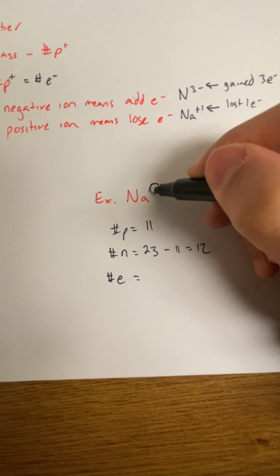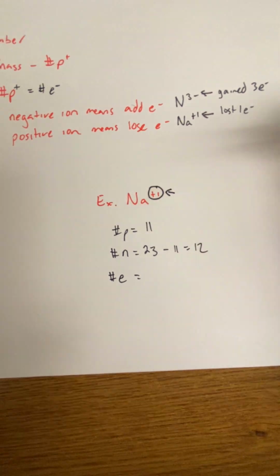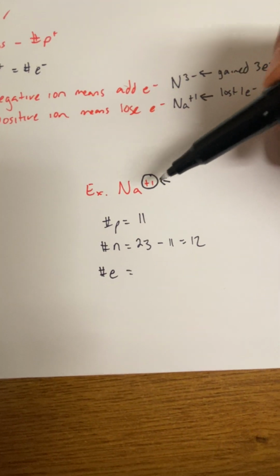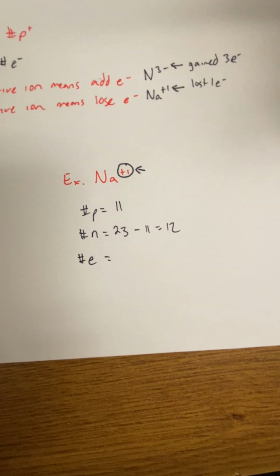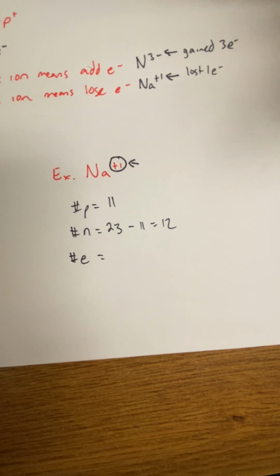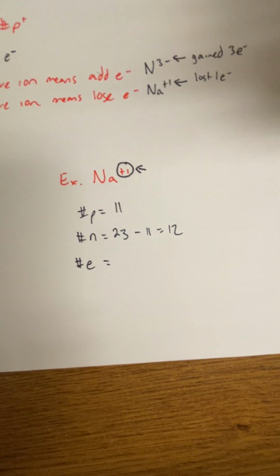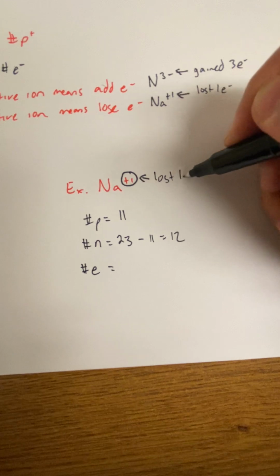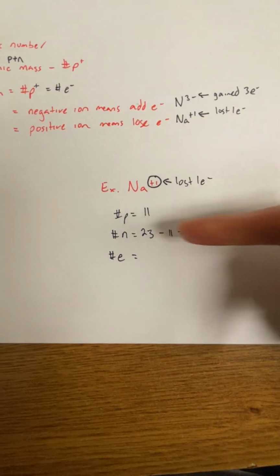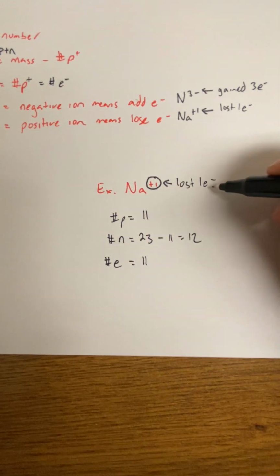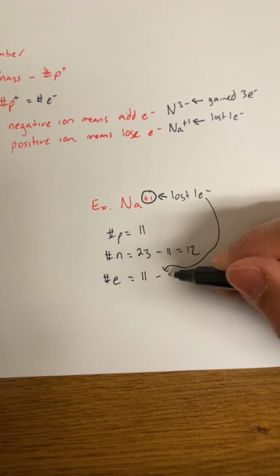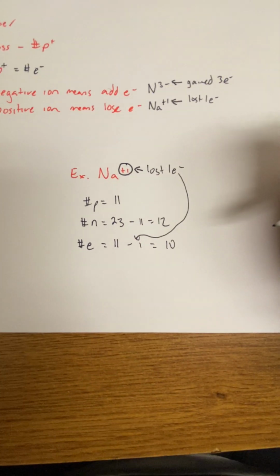I need to look at the ion charge. This shows a positive gain in charge, meaning more positives than negatives. What that means is I've actually lost electrons. I've lost 1 electron. And so while I should have 11, I've lost 1, and therefore I only have 10.